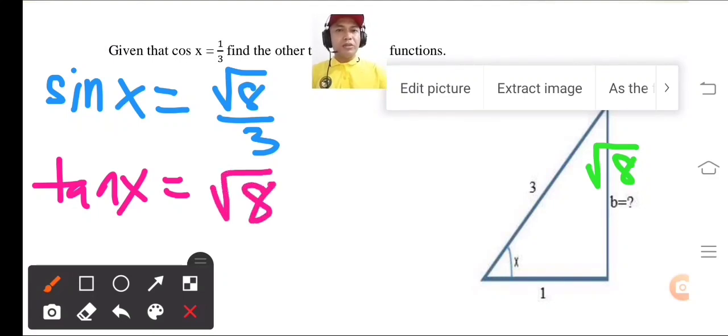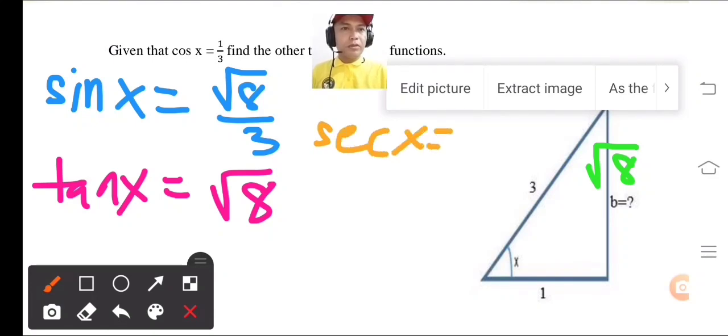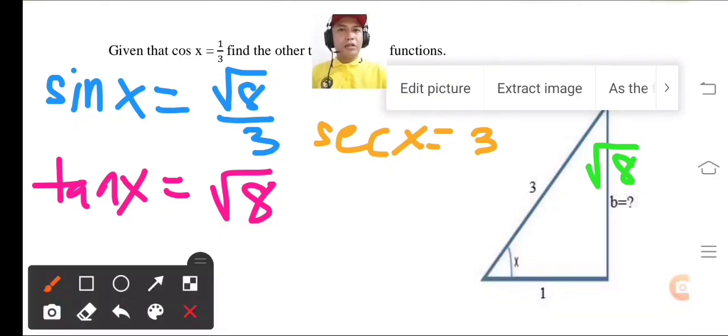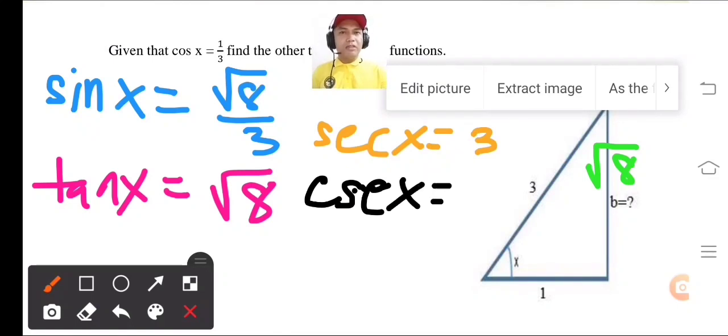For secant x, we know that secant x is the inverse of cosine x. So secant x is 3. For cosecant x, cosecant x is the inverse of sine, so we have 3 over square root of 8.